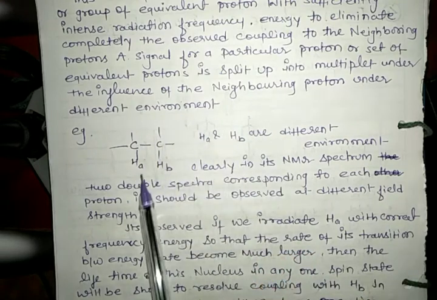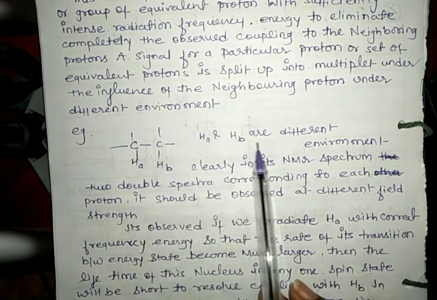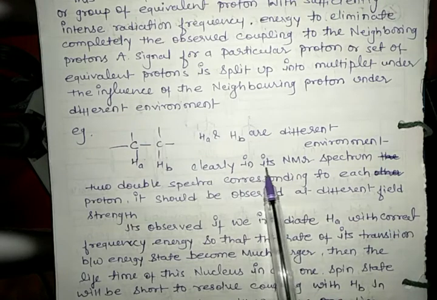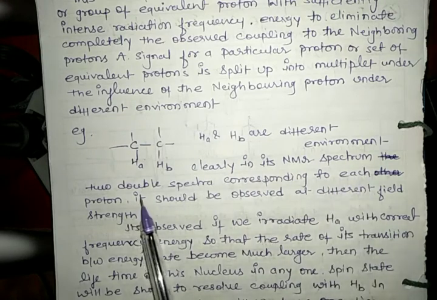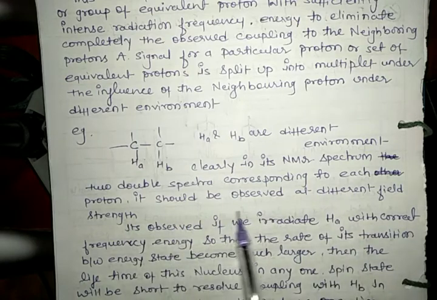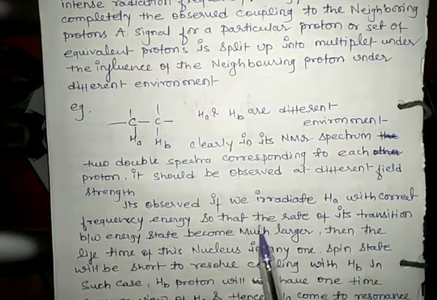There is given an example for nuclear magnetic double resonance. Here we see that we have two types of protons, Ha and Hb, both in different environments. Clearly in its NMR spectrum, two doublets corresponding to each proton should be observed at different field strengths.